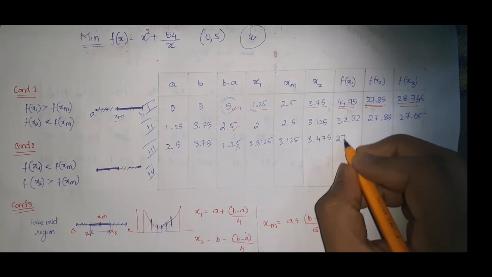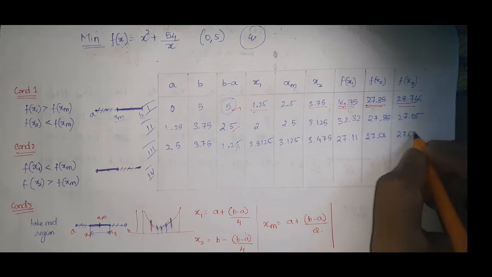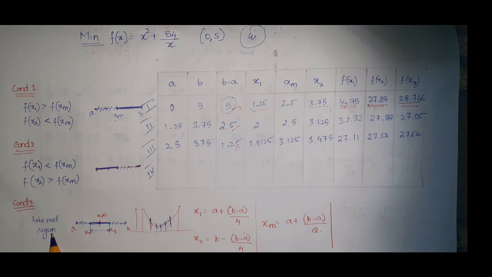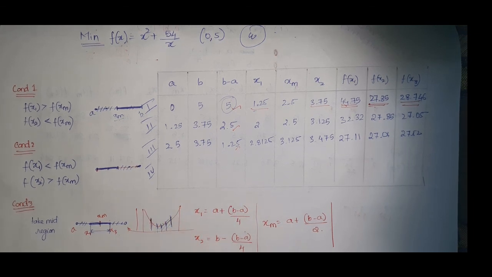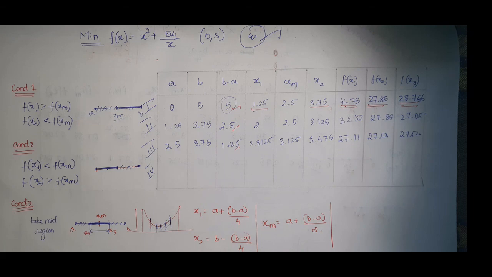The function values will be 27.11, 27.04, and 27.52. If we do the same comparison check for the conditions, we can select the right region, and we have to continue this till we reach the value of epsilon. So with that, this method concludes.